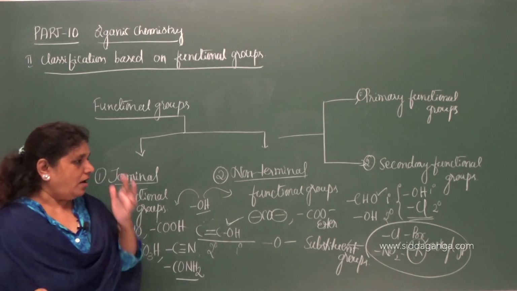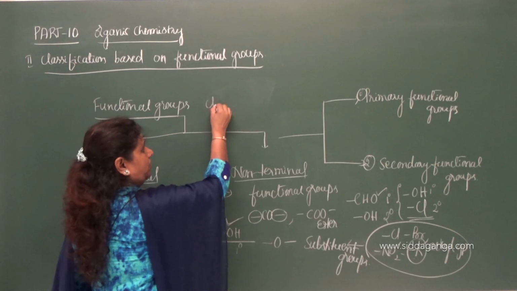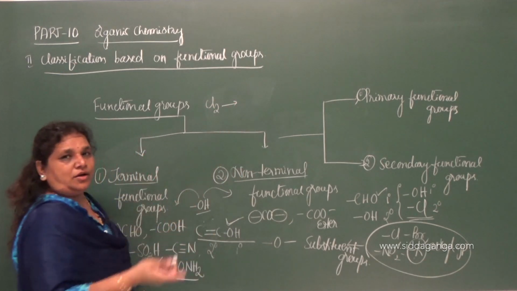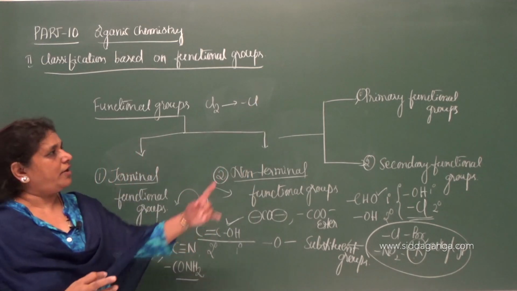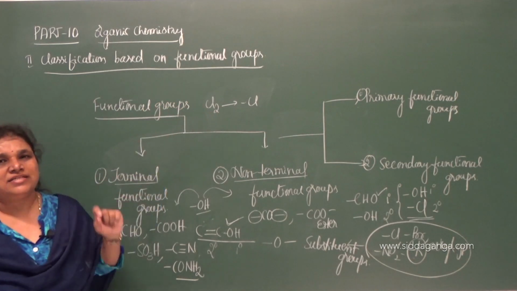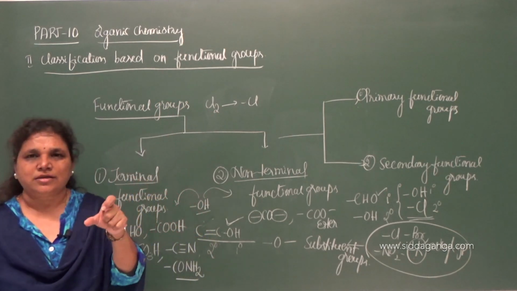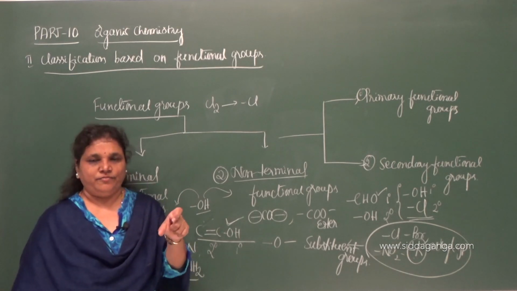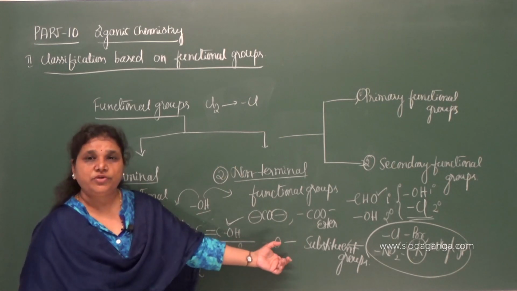For example, how do we get the chlorine substituent? We have a chlorine molecule, and remove one chlorine atom, what do you get? Cl. Therefore, this type of group is called a substituent group. If groups are obtained by the loss of one atom from neutral molecules, then such groups are called substituent groups.